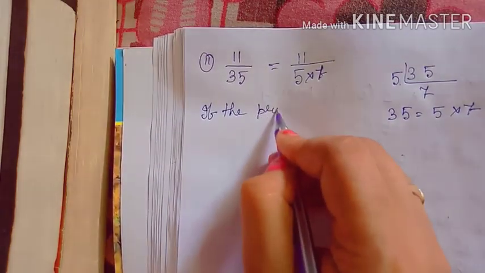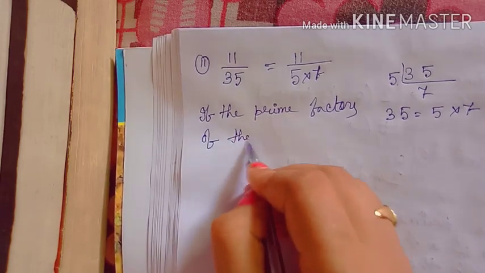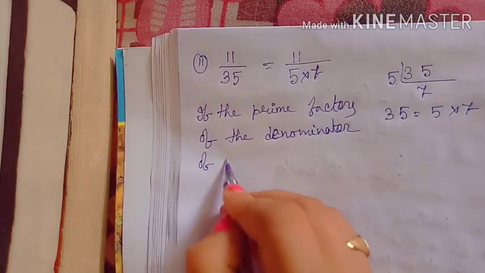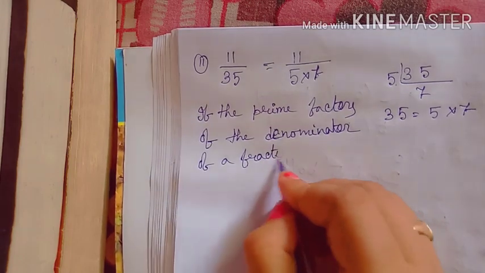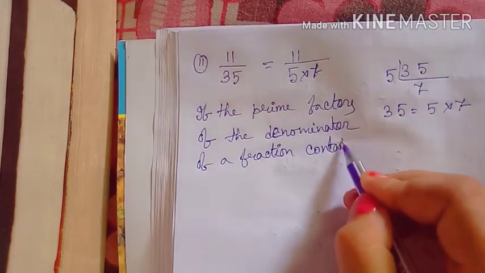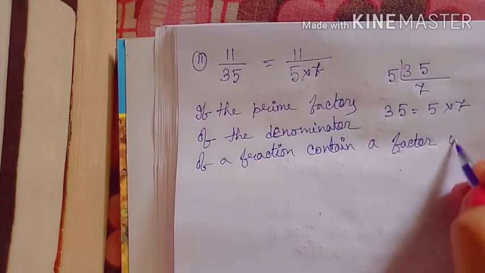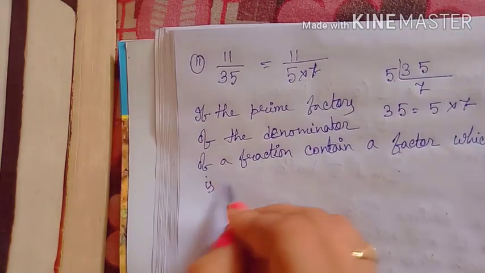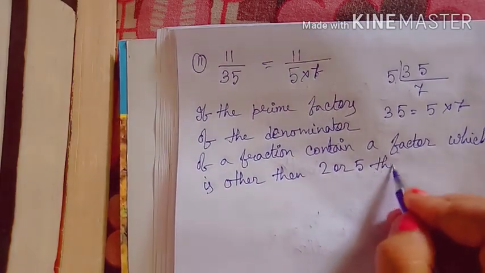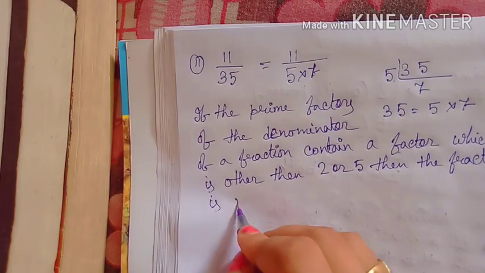If the prime factors of the denominator of a fraction contain a factor which is other than 2 or 5, then the fraction is non-terminating.